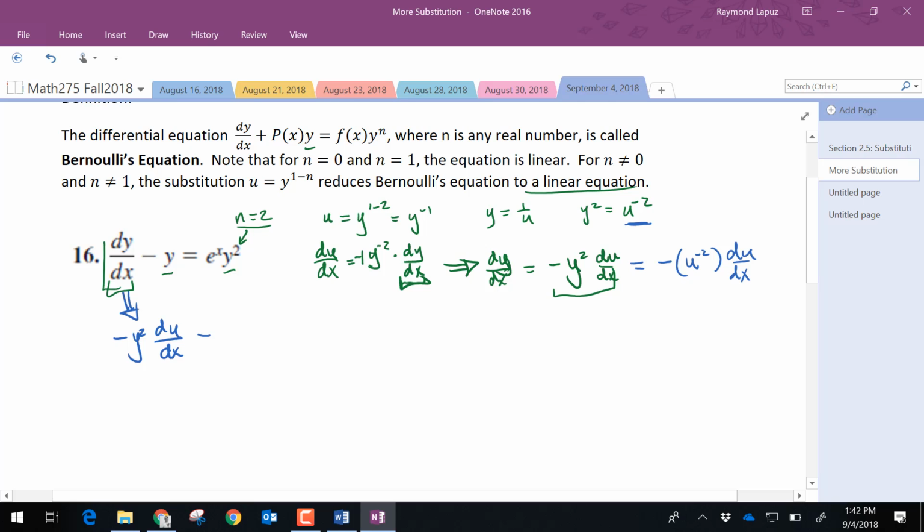When you do a u substitution, you need to replace all the y's with u's, including the dy dx. So I wrote this negative y squared down, but this should probably be in terms of u. All right, y was equal to 1 over u. Let's just say u to the negative 1 power.